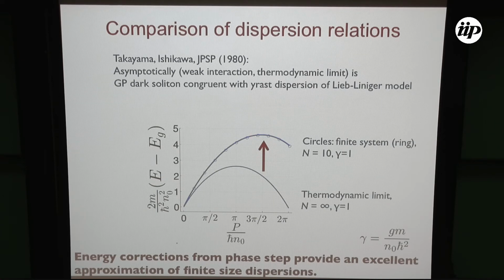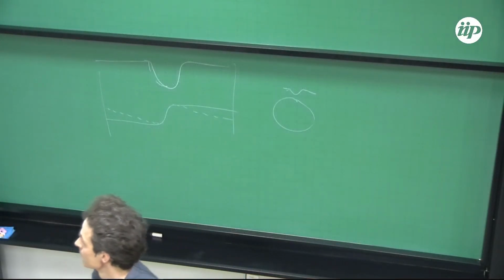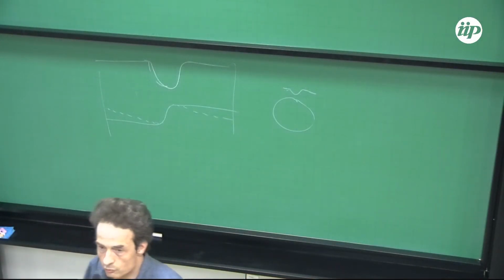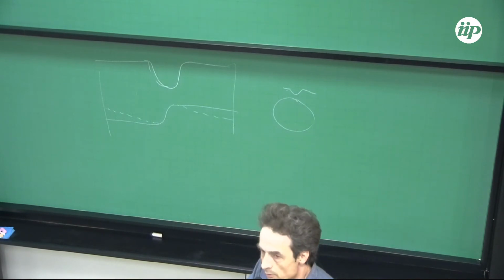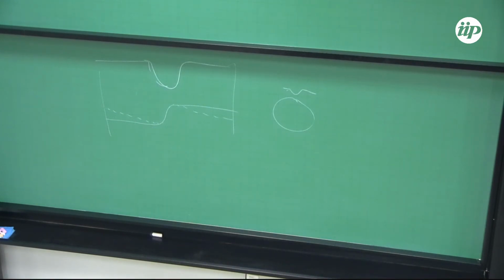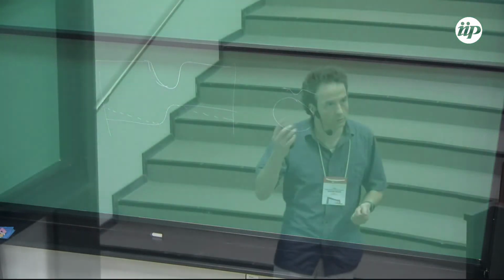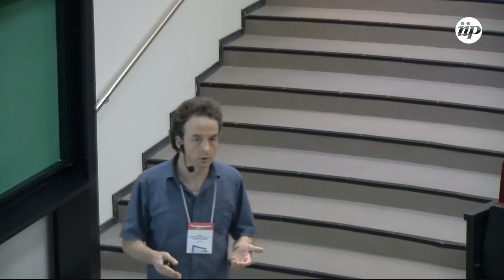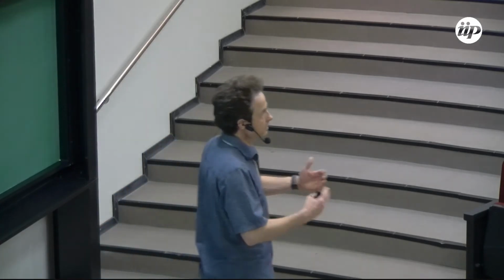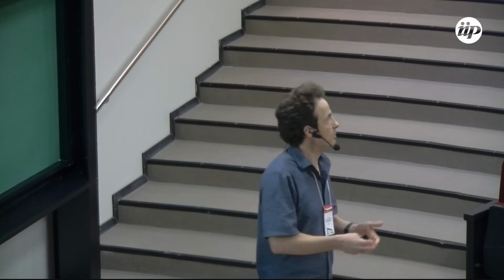Now, the logic behind deriving this formula for the energy correction rests on the fact that there is actually something like this phase step. You should think, well, what does it actually mean? We have a one-dimensional Bose gas, it's interacting, it's supposed to have algebraic long-range order, there's no actual Bose-Einstein condensate in there, no finite condensate, which means there should be no complex order parameter, there should be no phase.